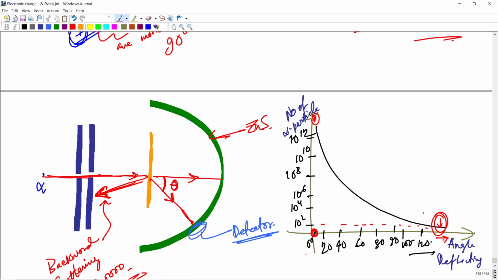So the number of alpha particles scattered more than 90 degrees or more than 120 degrees is very little. If your angle is very high, the number of particles is very less. That is the concept for the Rutherford model.